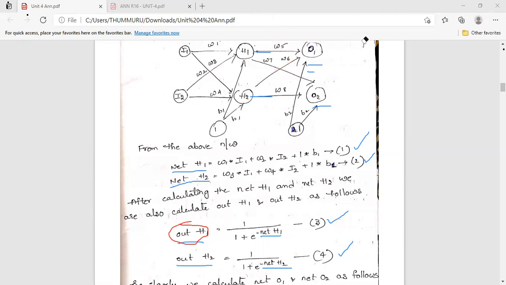These are the O1 net, plus 1 into bias 2.